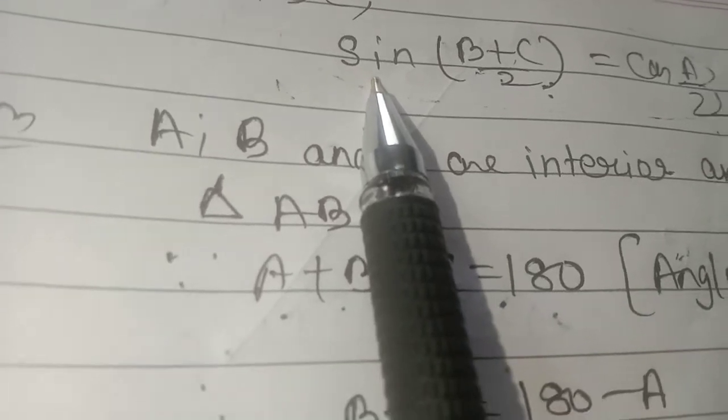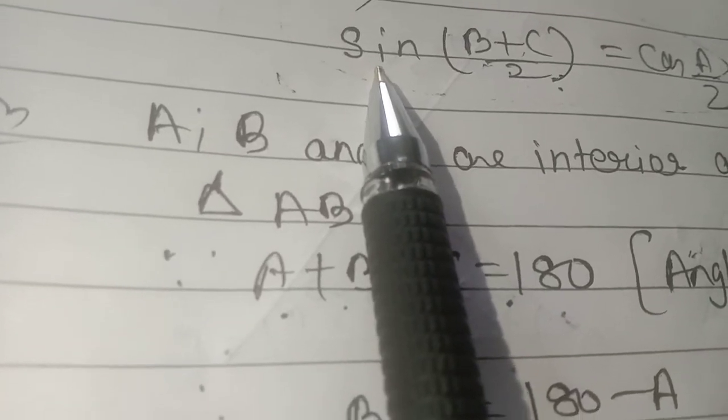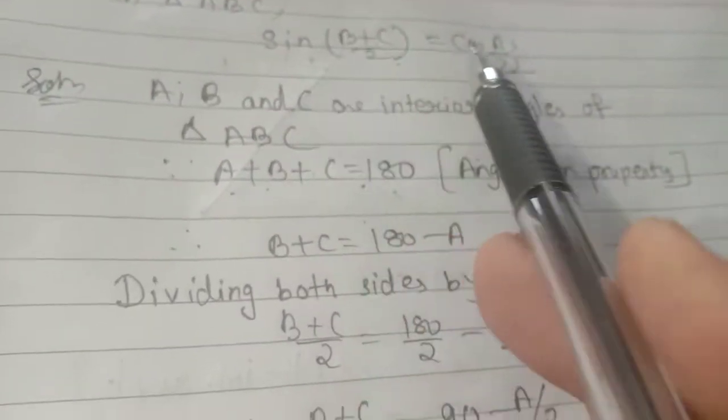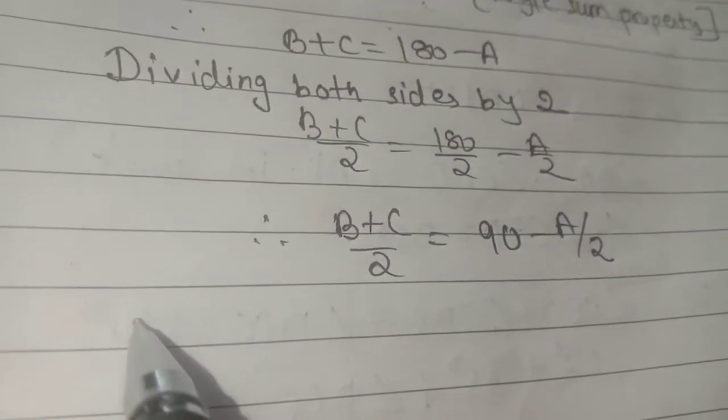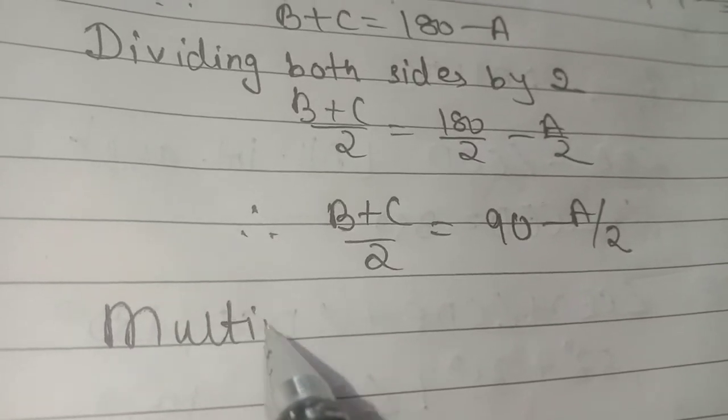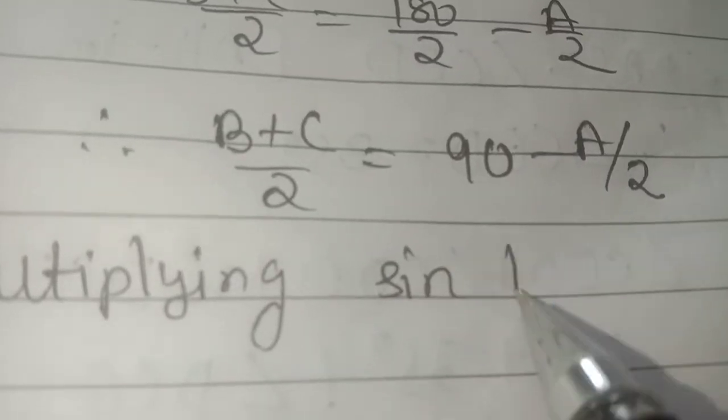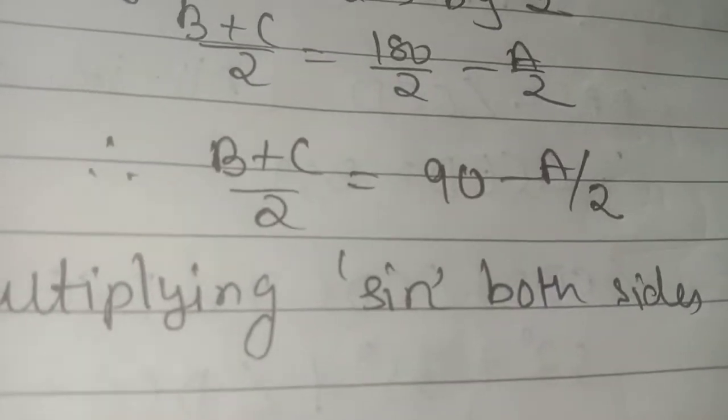Then see what is the left hand side given, it is sine. So I will multiply sine to both sides. So right here, multiplying sine on both sides. Okay, so what I will get now? It is sin (B plus C) by 2 is equal to sin (90 minus A by 2).